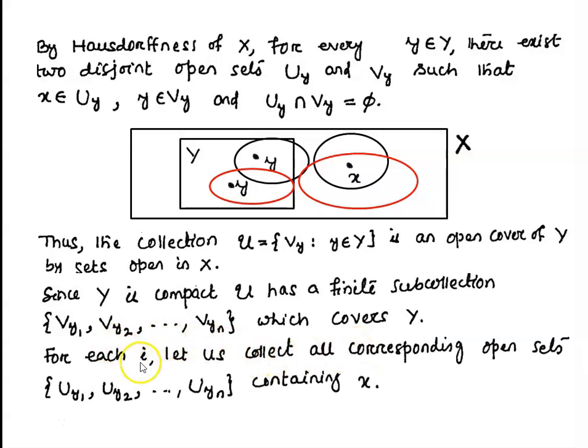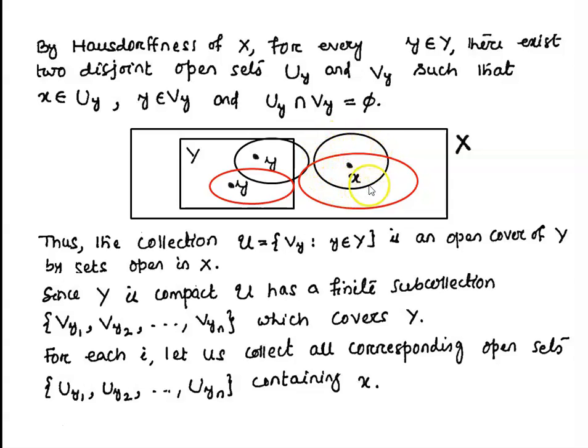Now for each i, let us collect all corresponding open sets Uy1, Uy2 up to Uyn containing x. That means for the first point y, we have Vy1. Then correspondingly, we have a Uy1 which contains x.